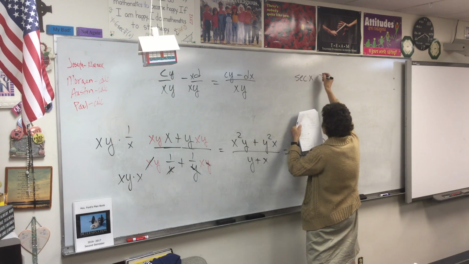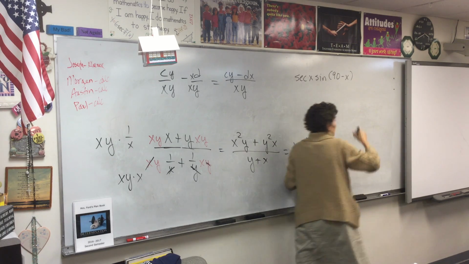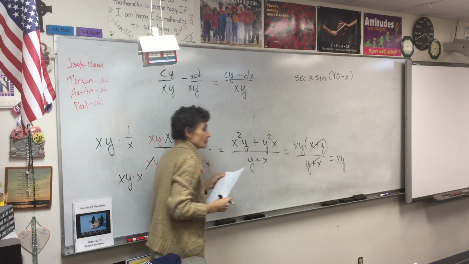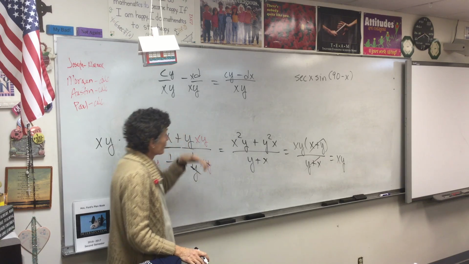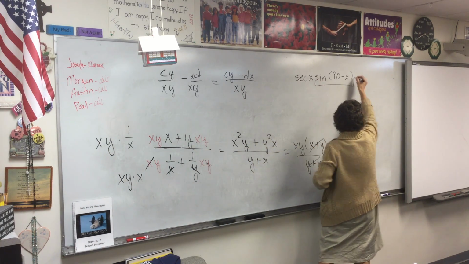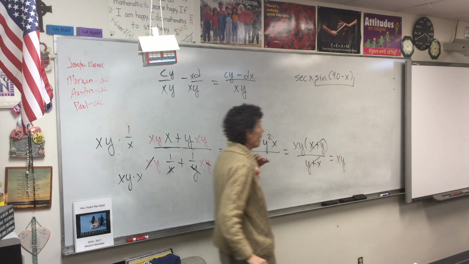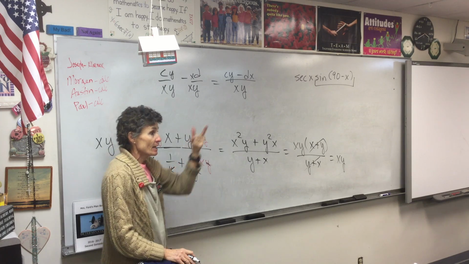Okay. Now, the next ones in that same section, number 1, you're doing the same thing, only you're doing it with your trig functions. So, Cassie, we look at that, and the very first thing our beady little eyes notice is that right there. What do we know about the sine of 90 minus x? It's cosine.